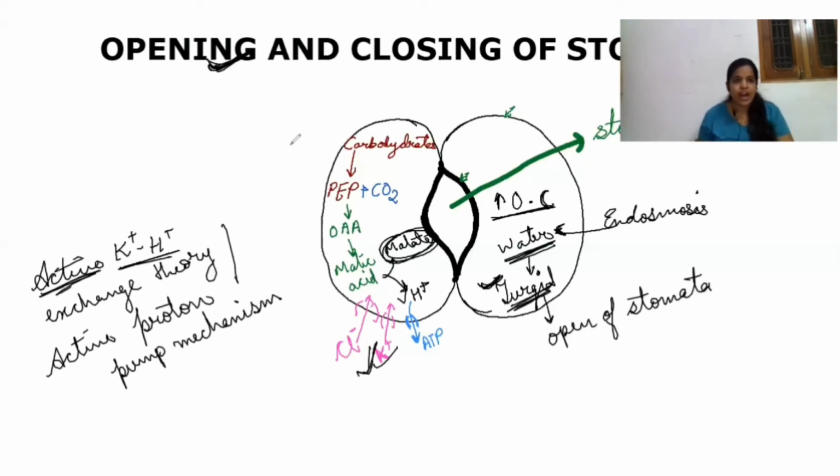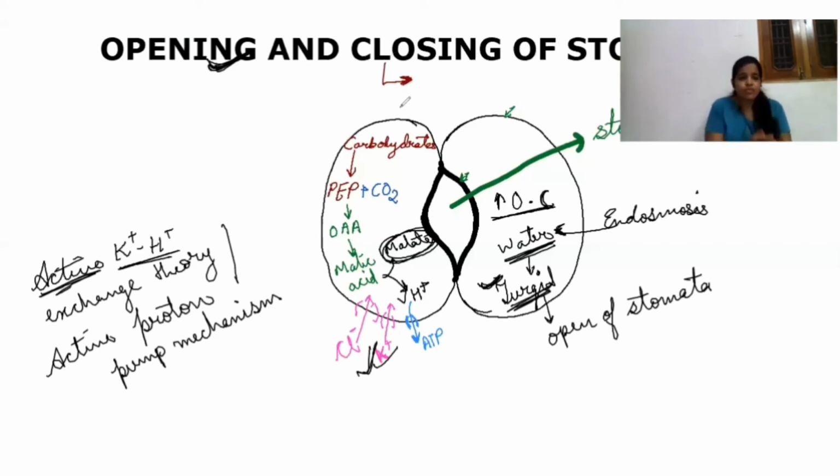Now we have the closing of stomata. That is very simple, guys. We just need to remember one point specifically, the name of the plant growth regulator which actually leads to the closing of stomata. So I'm going to write here about the closing of stomata on this screen itself.